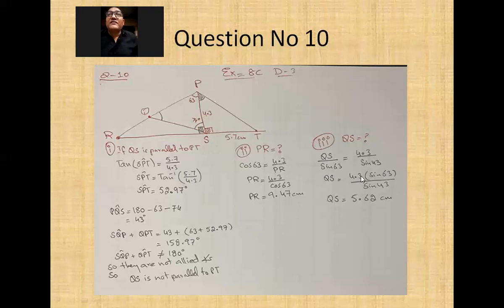So we will have QS equals 4.3 multiply sine 63 divided by sine 43. So listen carefully how you will enter this in your calculator. You will write 4.3 multiply sine 63 equals, divided by sine 43 equals. So your calculator will give you the answer 5.62 centimeters. So this is the length of the QS side.